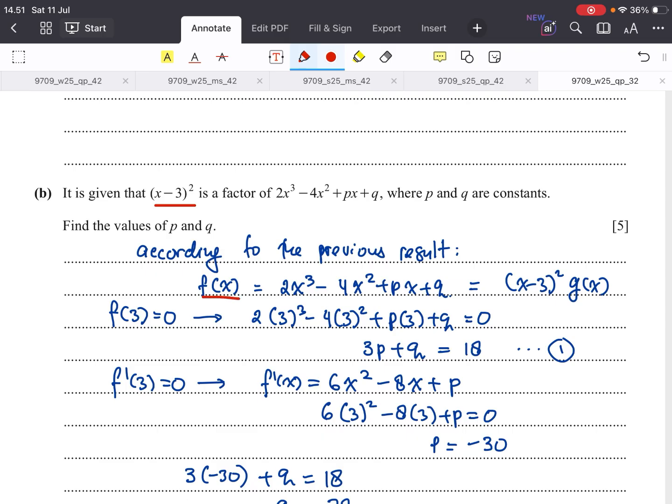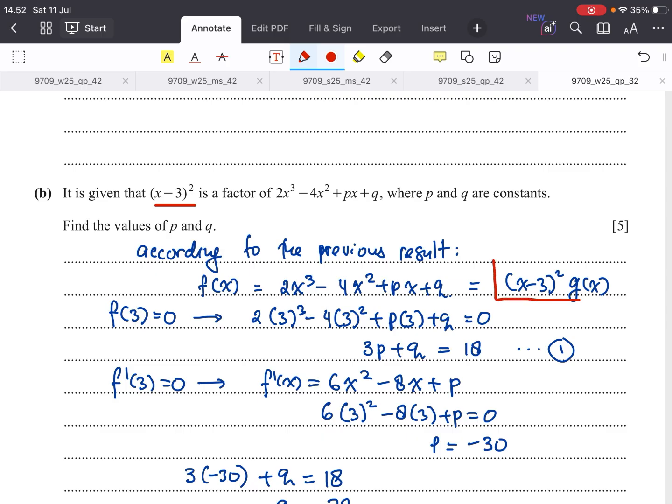So since, according to the factor theorem, one factor of f(x) is x minus 3, f(3) is equal to 0. So just replace x with 3 and then equate it with 0. We get the first equation, 3p plus q equals 18. This is from f(3) equals 0.